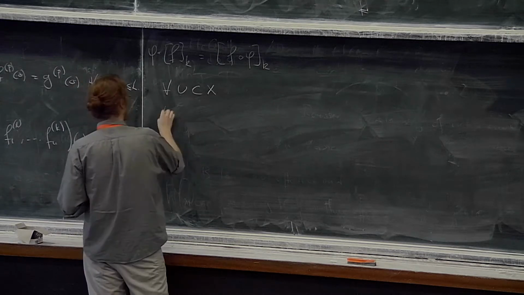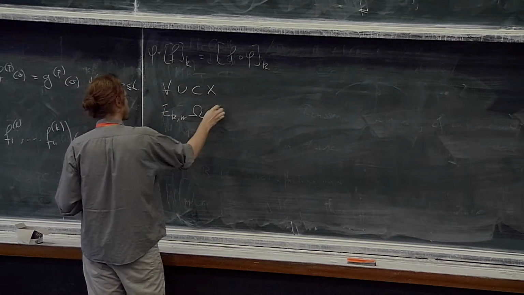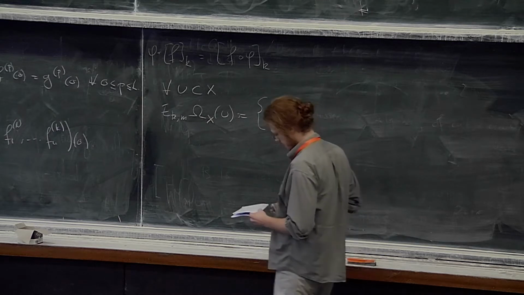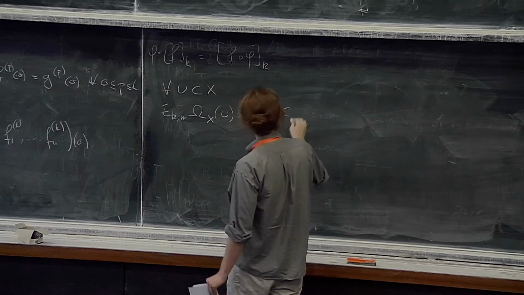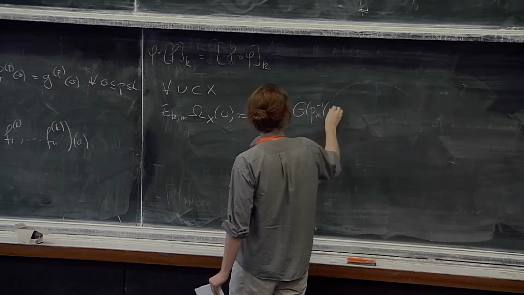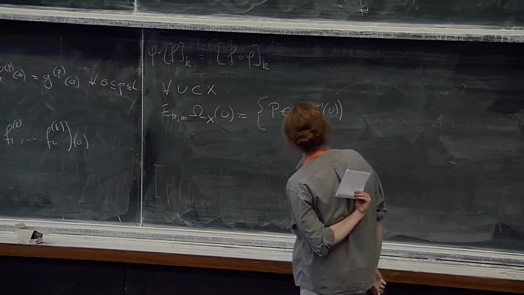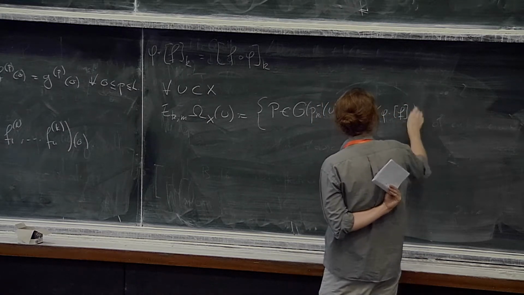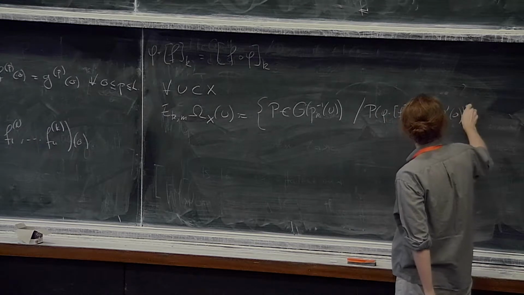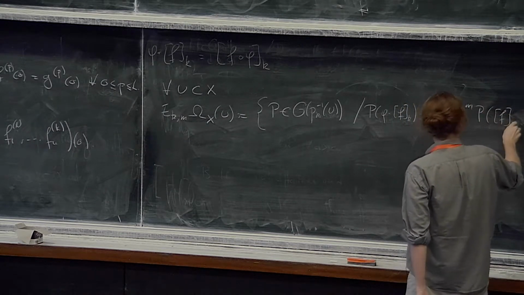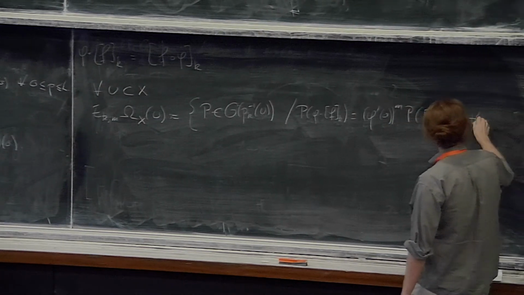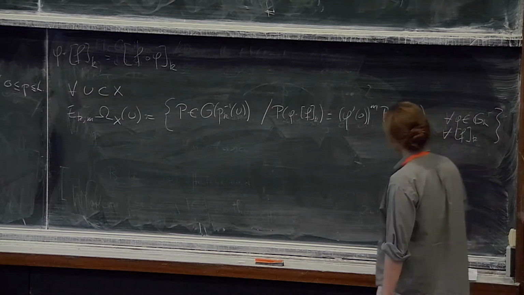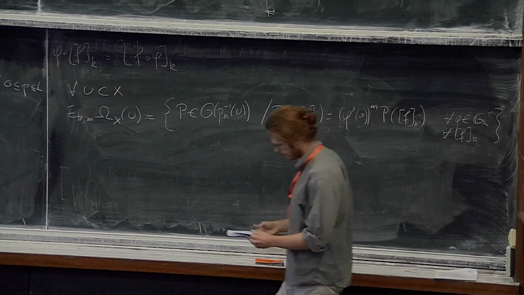You can define E_{k,m} Omega_X of u, which is the set of all p in O_{P_{k-1}} of u such that p of (phi times f_k) is equal to phi prime of 0 to the power m times p of f_k for any phi in G_k and for any k-jets f. Okay, where it makes sense.